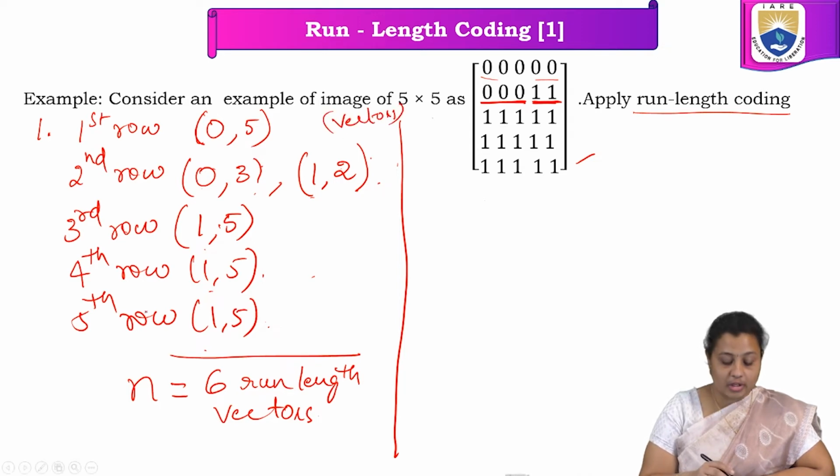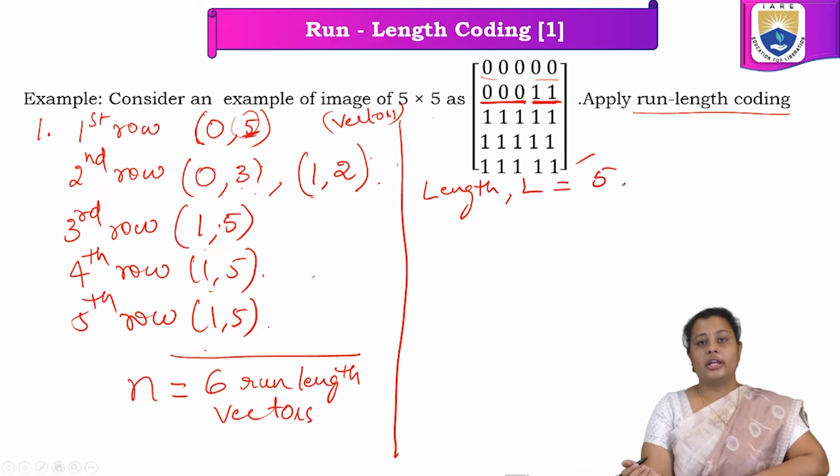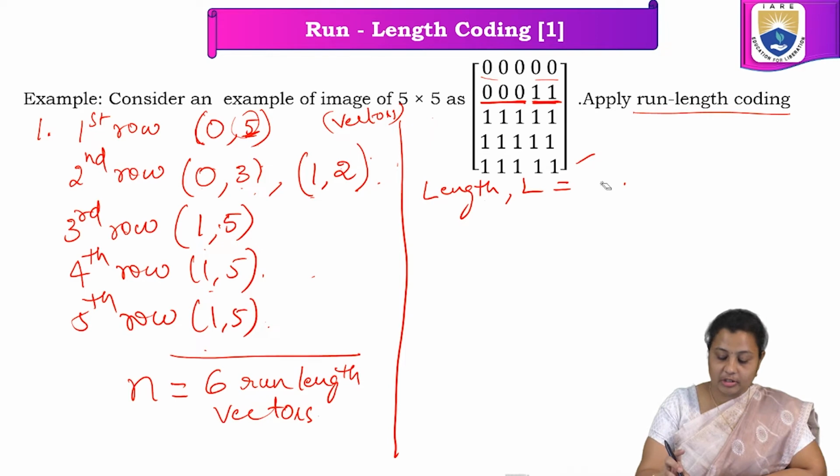If you observe, what is the maximum run length? We have 5, 3, 2. The maximum value is 5. So the run length L is 5. To represent 5, how many bits are required? We represent that by small b. So how many bits do we require?